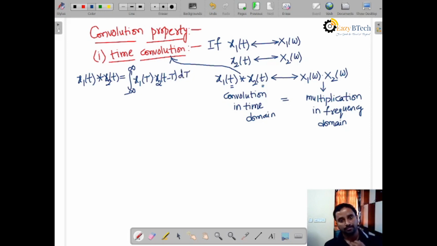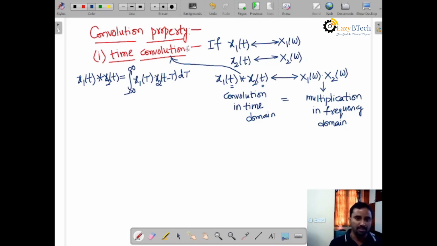So we are multiplying x1 of tau and x2 of t minus tau, and after that multiplication we do the integration. Convolution gives the common area between the two signals.